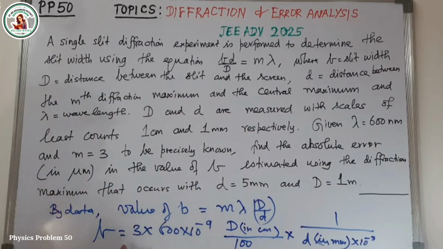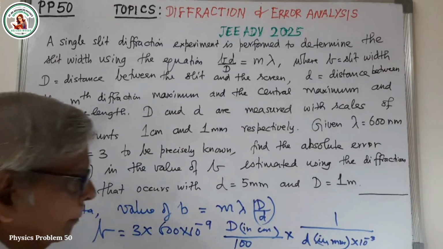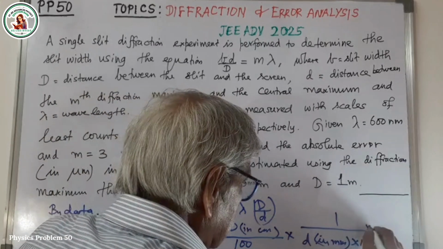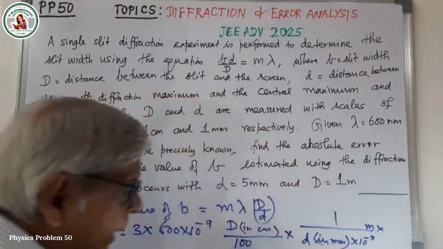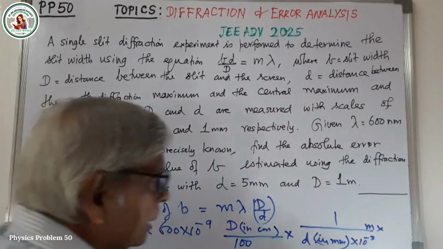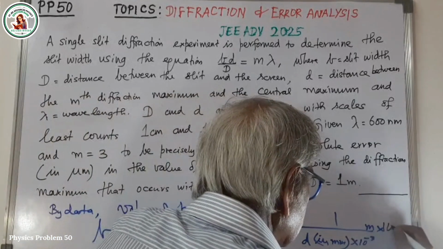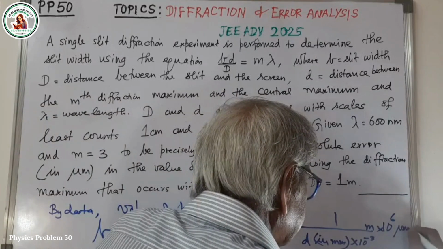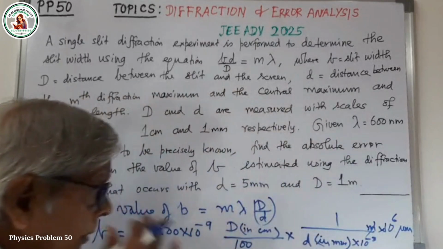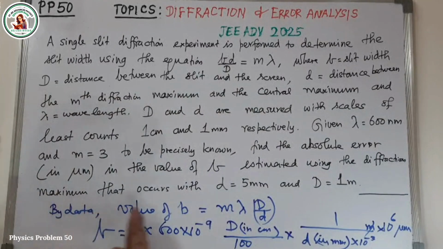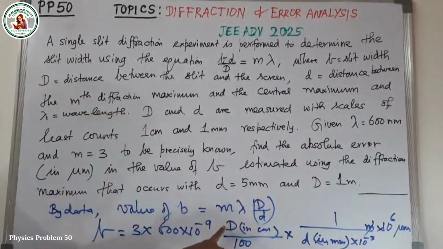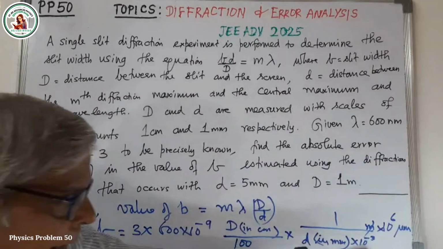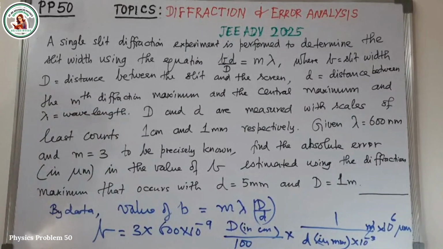This is the general formula for b, but this is in meters. You will get b in meters, but the answer is required in micrometers, so we multiply by 10 to the power 6. If you simplify this with the proper values of capital D and small d, you get the slit width in micrometers.